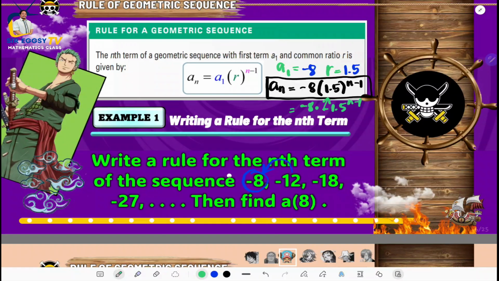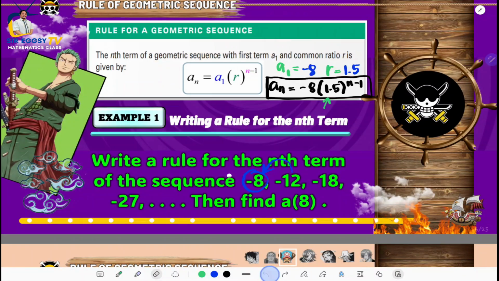But if we're going to have negative 1.5 here, so negative 8 times negative 1.5, the base of n minus 1 here is still 1.5. But if it is enclosed in parentheses, the base of the exponent n minus 1 will become negative 1.5. So you have to be careful with that.